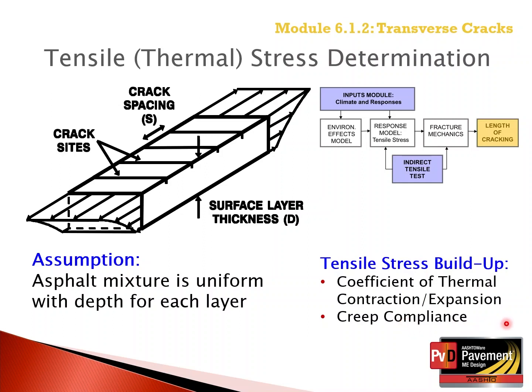The software assumes the asphalt layer or mixture is uniform with depth for each layer. More importantly, the properties from the asphalt wearing surface are only used to calculate the length of transverse cracks. The properties of any other asphalt layer, if included in the Pavement ME design software run, are not used for predicting transverse cracks.